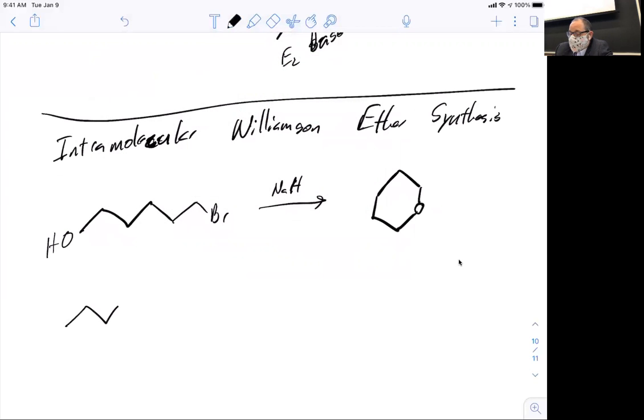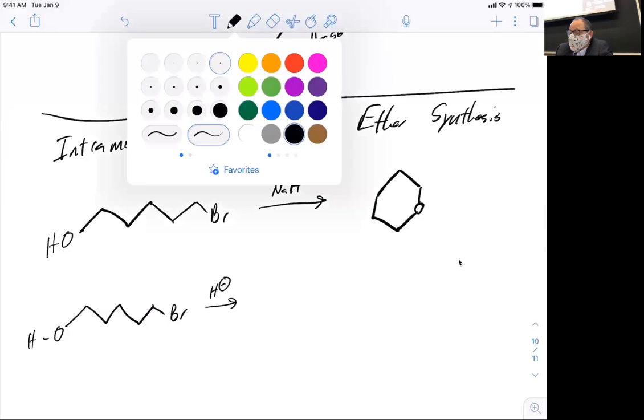If we react this alcohol and it has a good leaving group, in this case, the bromide, again, we use some type of good base. In this case, we want a base that won't react with our bromide readily.